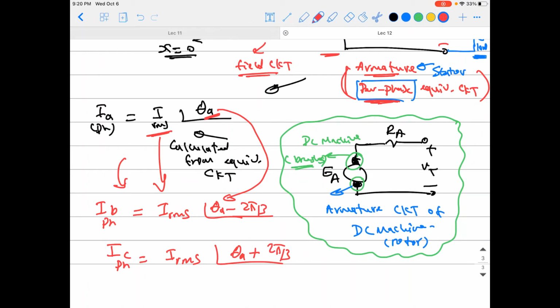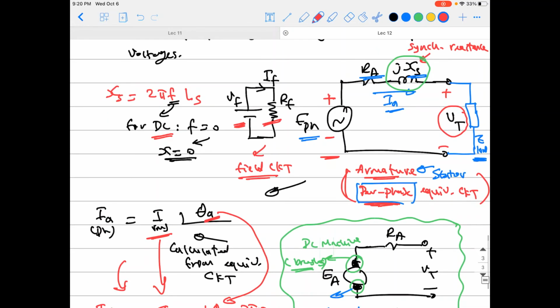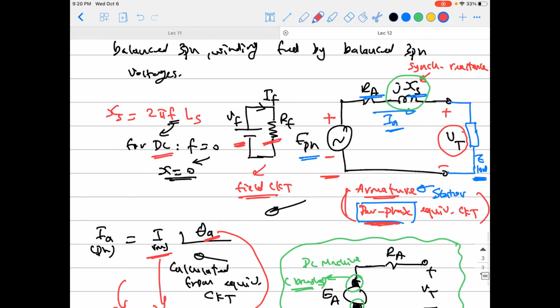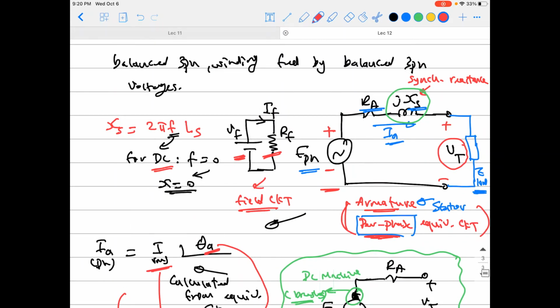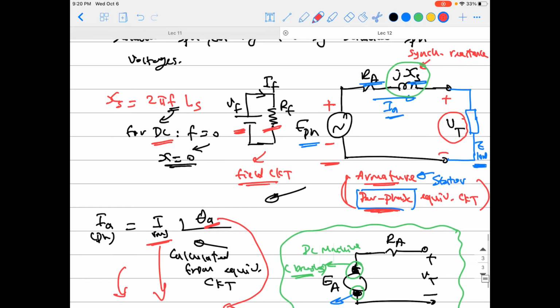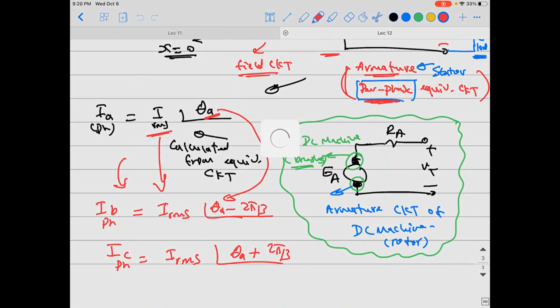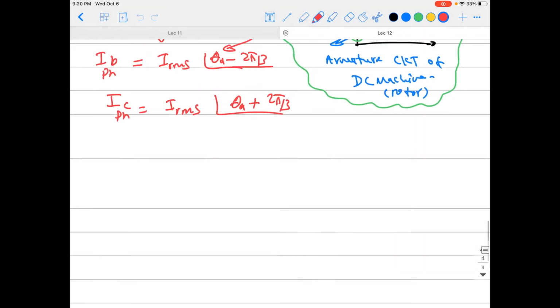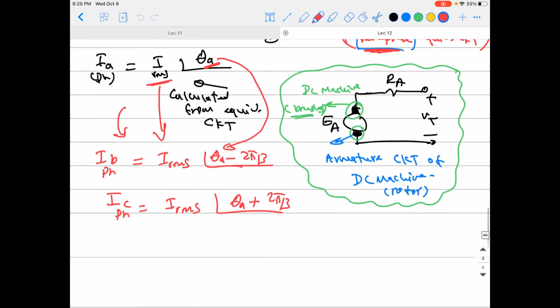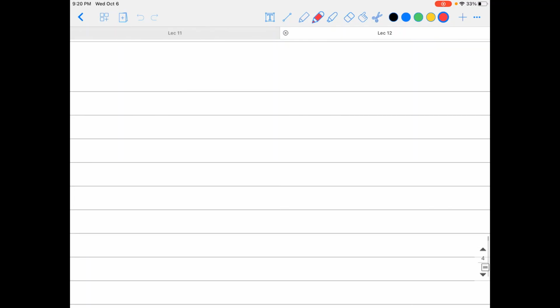So that's why I'm saying, because they are balanced three-phase windings, we can just solve for one phase circuit, and you can find all the other quantities for the other two phases easily. Of course, if it is not balanced, you will need three different equivalent circuits, one for each phase, but it's not the typical case we are dealing with in our studies and in our machines, okay?